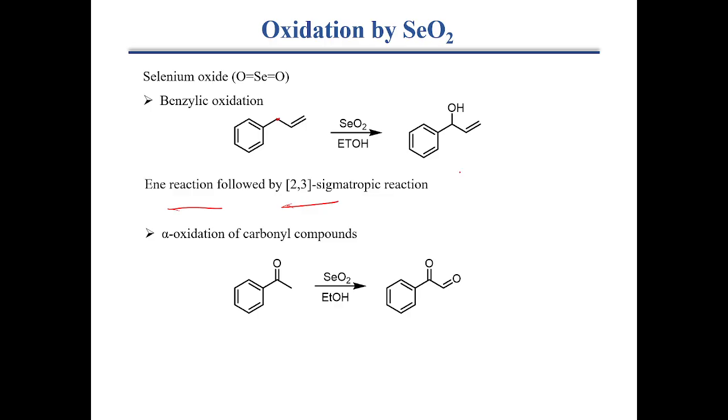So the mechanism: the benzylic position is this one. In the presence of selenium dioxide, an ene reaction will happen. This is the ene reaction. It is nothing but a 4+2 type of cyclization reaction.